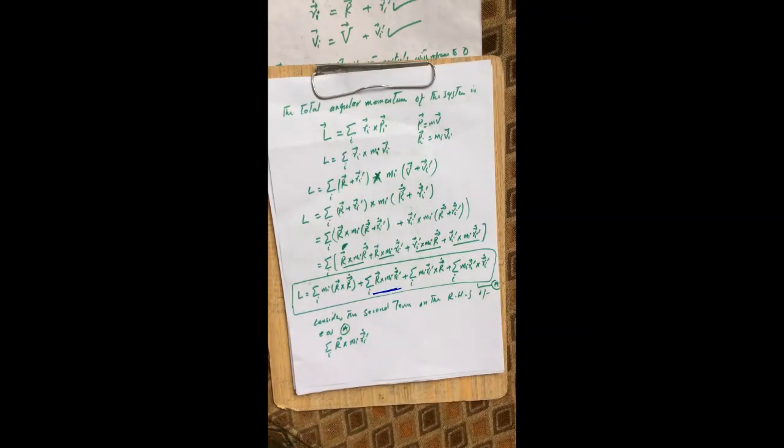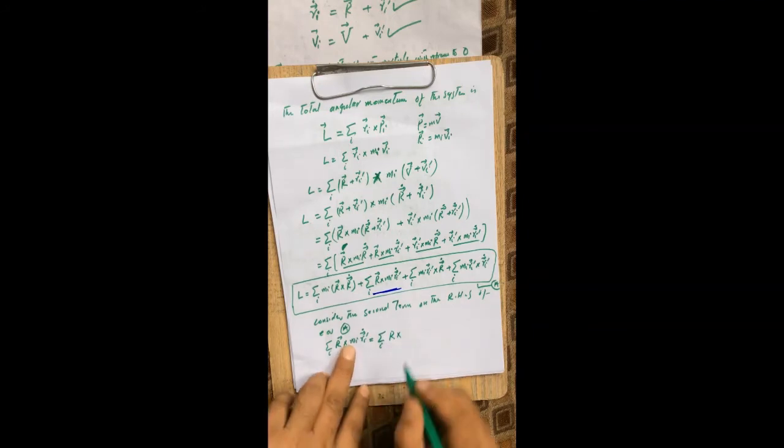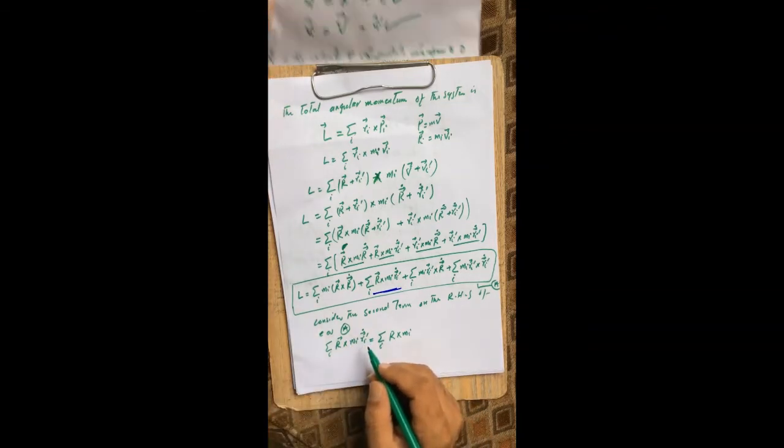So this will be equal to the sum over i of R cross Mi Ri prime dot.